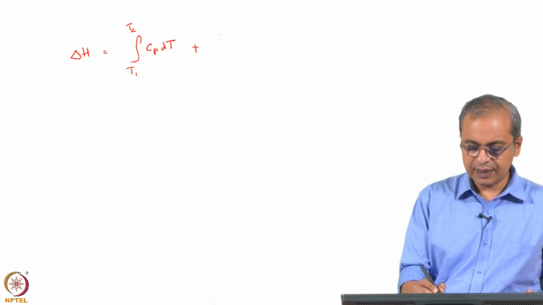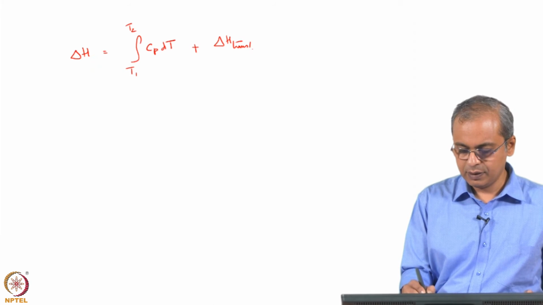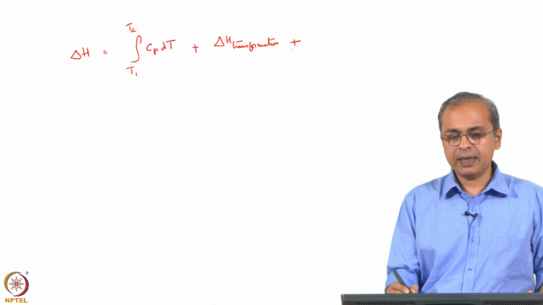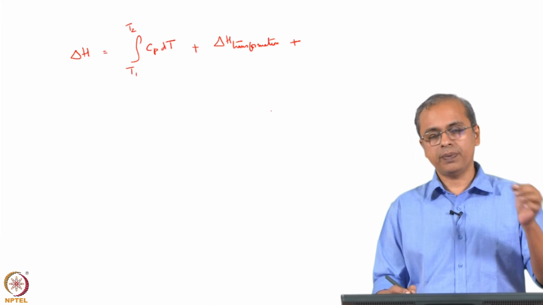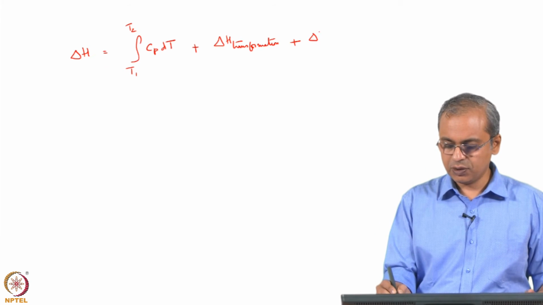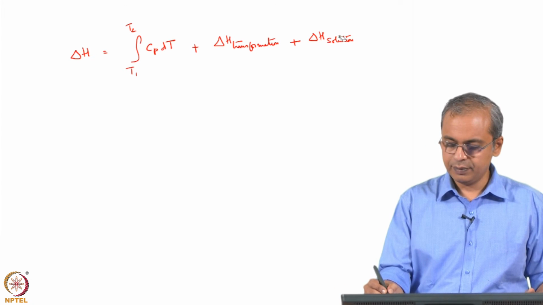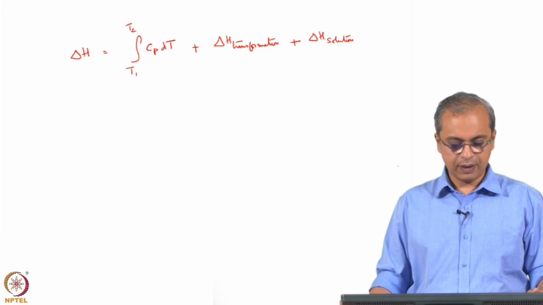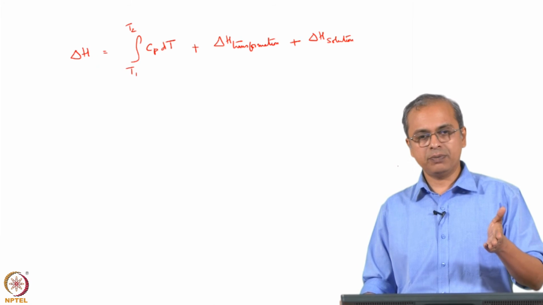If there is a phase transformation, you will have delta H transformation, and since you have now put it into solution, some solute went into solution, you have delta H solution. So, the delta H that you measure will be all these terms, and of course, as I said, it is between T1 and T2.